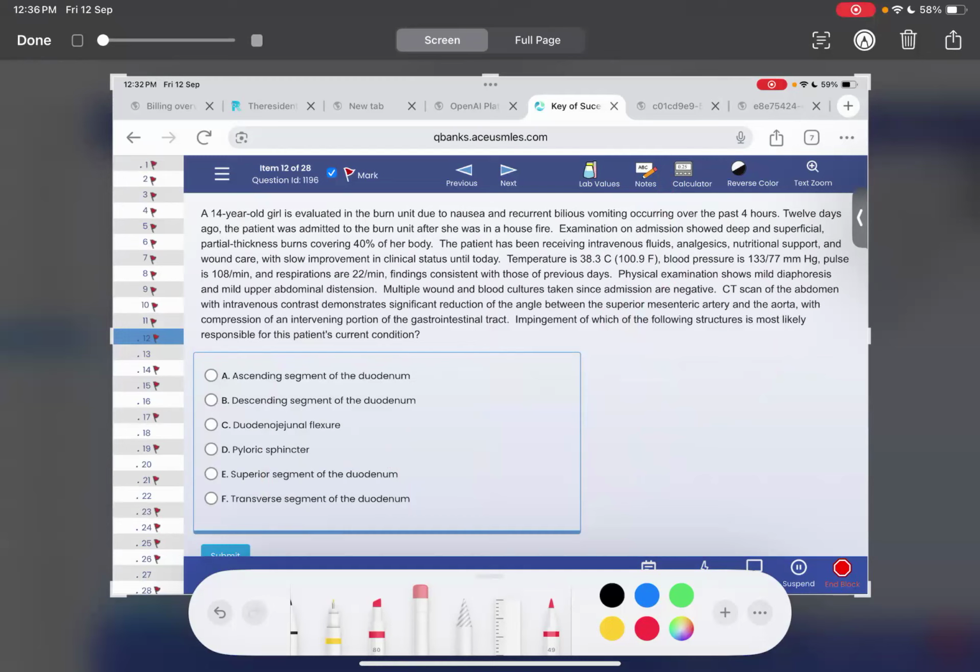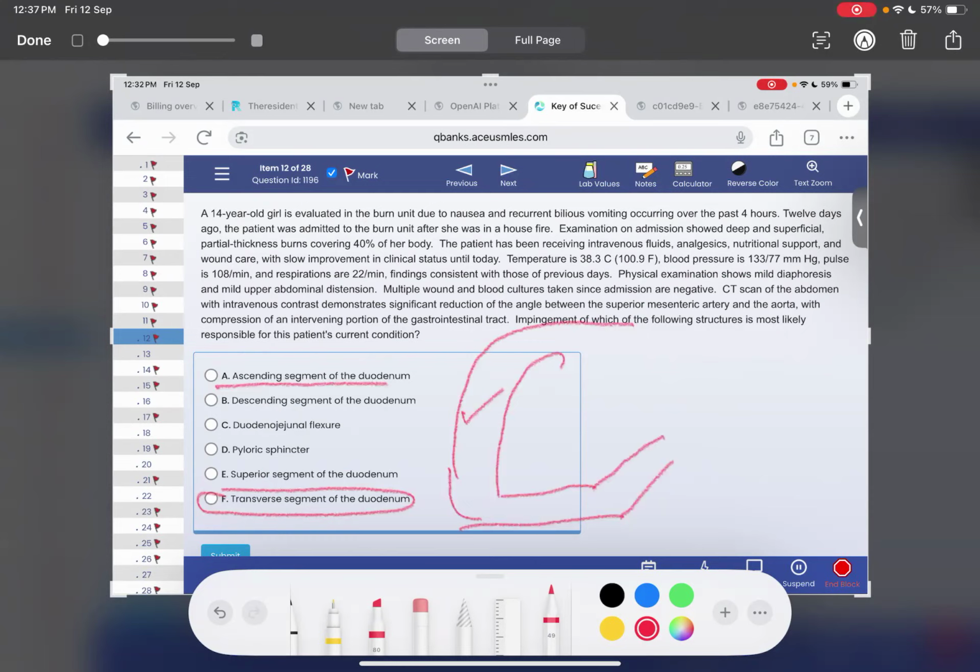Okay, you got the point. This was the transverse segment of the duodenum. The ascending segment is like this. This is your transverse segment. This is your fourth part.